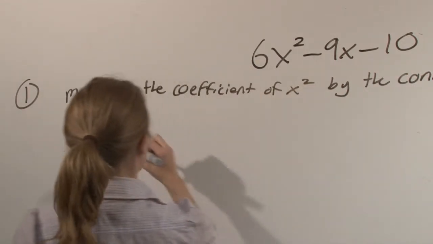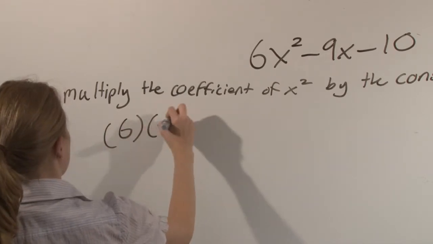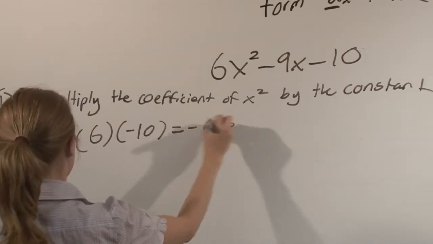So that's going to be 6 times negative 10 equals negative 60.